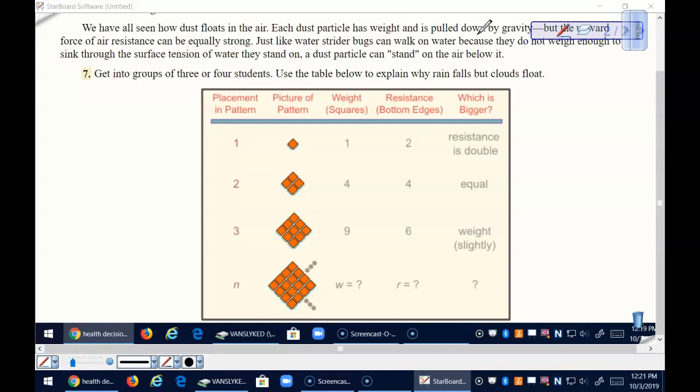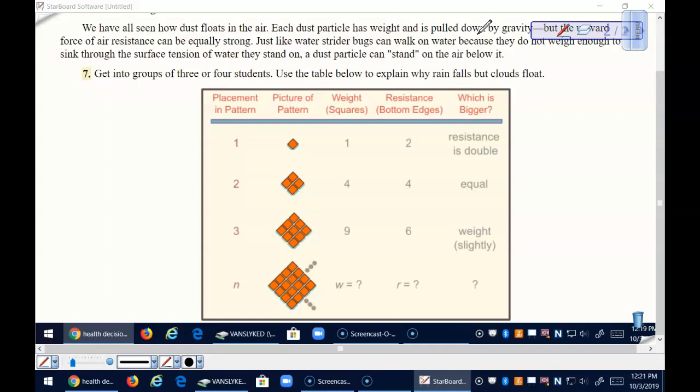It's going to go 1, 4, 9, 16, 25, and so on. It gets bigger pretty fast. The air resistance is not a squared, it's just a multiply by n pattern. We saw a bunch of those on Tuesday also. So 2, 4, 6, 8, like each step down it gets bigger.